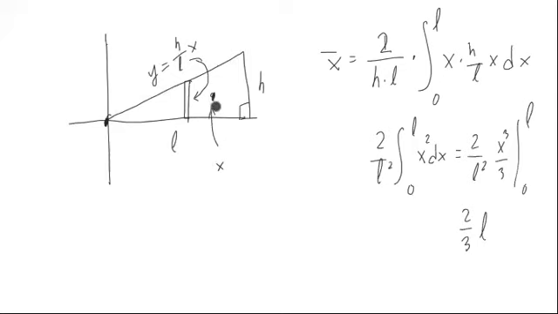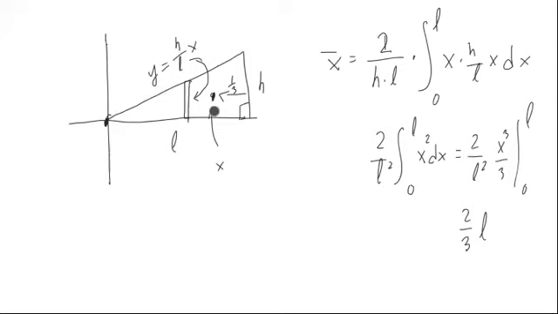The centroid is going to be somewhere over here, so that much further. And this way, it's going to be 1/3. We can take this as a general rule that, perpendicularly from your base, you're always going to be 1/3 away.